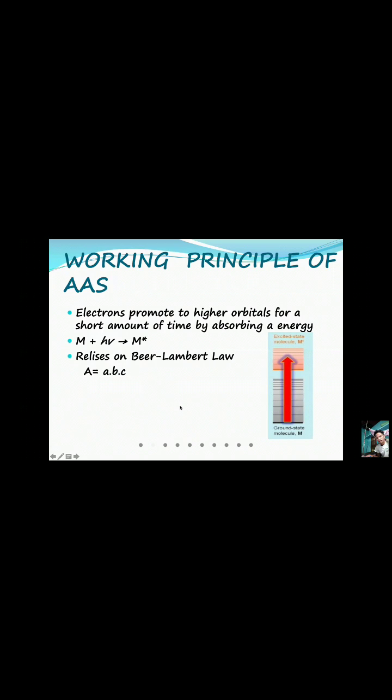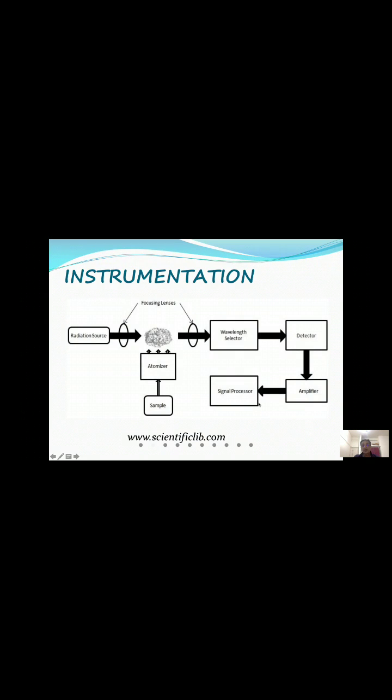This is the simple graphical presentation: ground state and then the excited state. Now this is the instrumentation, as I already told you earlier. There should be a source. You can see here, this is the radiation source, which is nothing but the hollow cathode lamp.